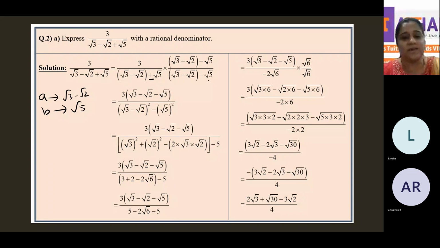And you can see the plus sign here, minus sign here. So a plus b into a minus b is a squared minus b squared. Yes or no?